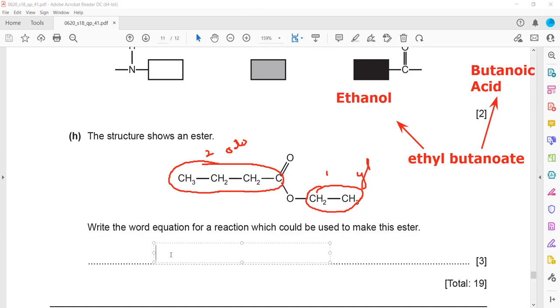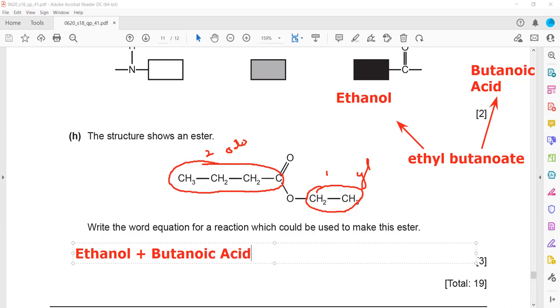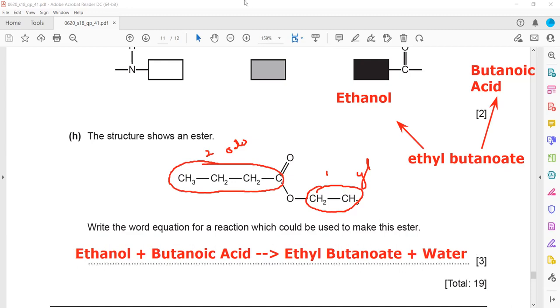So the word equation is ethanol mixed with butanoic acid gives ethyl butanoate plus water as a product. And the reaction is reversible. The reactants can form a product like ethanol plus butanoic acid forming ethyl butanoate plus water.